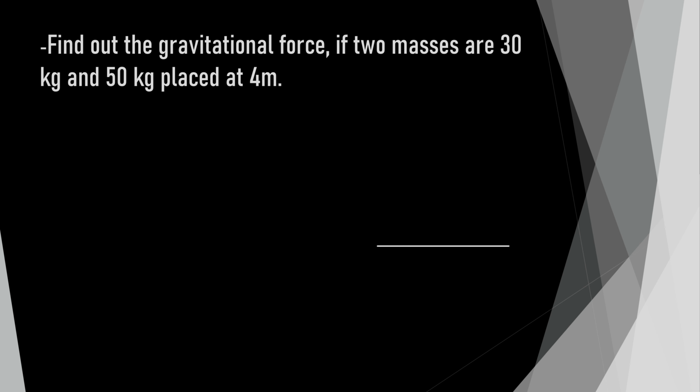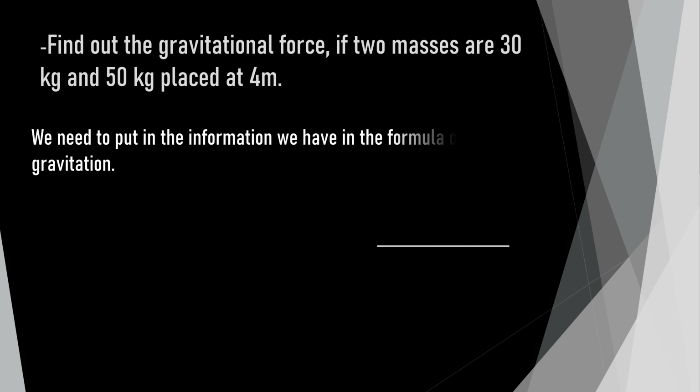Now here we have a question. Find out the gravitational force if two masses are 30 kilograms and 50 kilograms placed at 4 meters. Now we just need to put in the information we have in this question in the formula of gravitation.